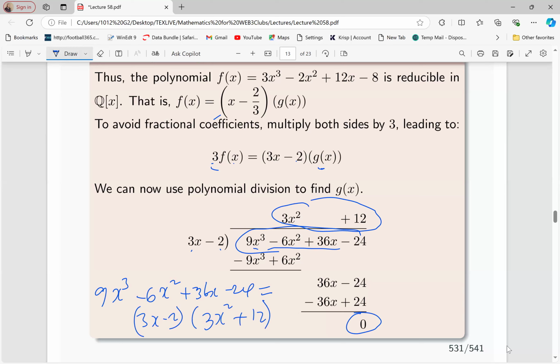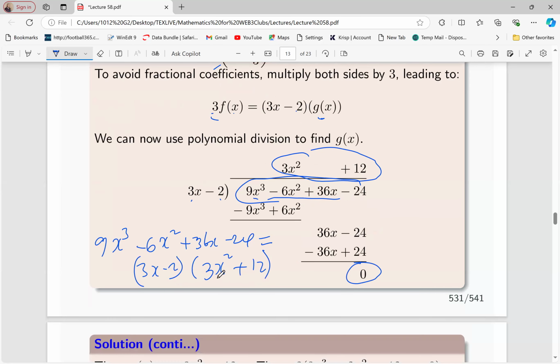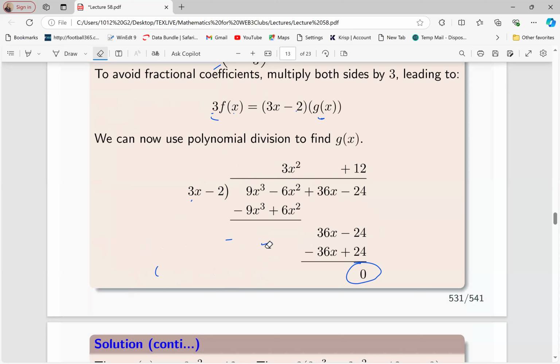What we now want is to factorize this further, if it's possible, so that we factorize the polynomial we were given completely, because that is our mission: to write it as a product of factors that cannot be factorized further.